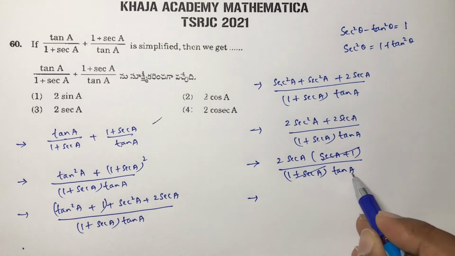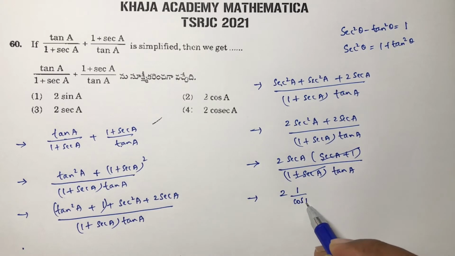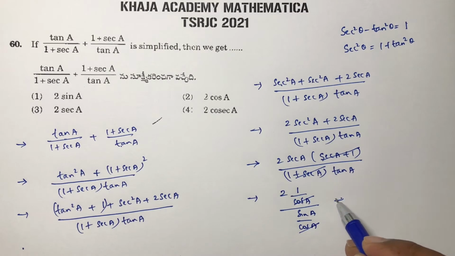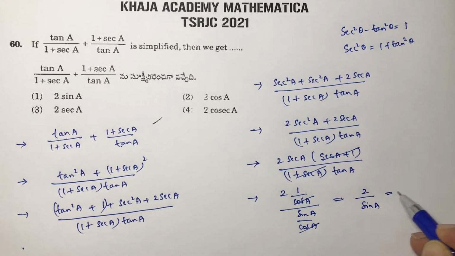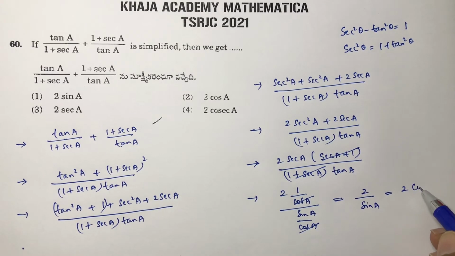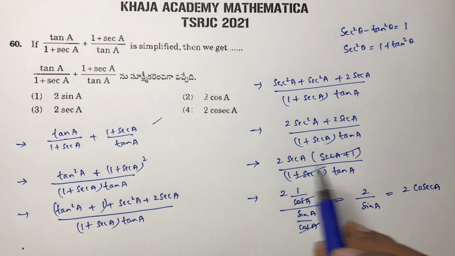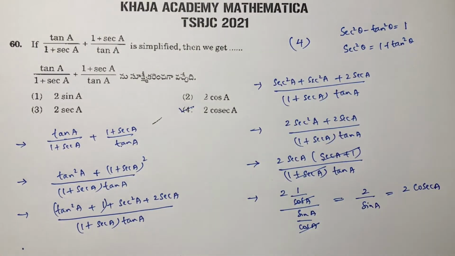So 2 sec A by tan A. So sec A you can write as 1 by cos A, and tan A you can write as sin A by cos A. So cos A cancels. So in the numerator is 2, in the denominator is sin. So sin reciprocal is cosec. 2 cosec A. So the correct option is 4.